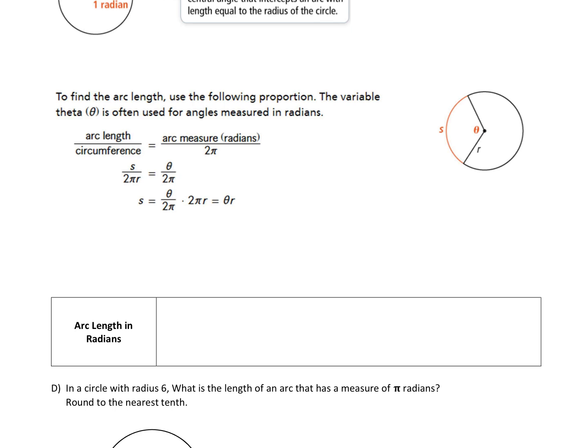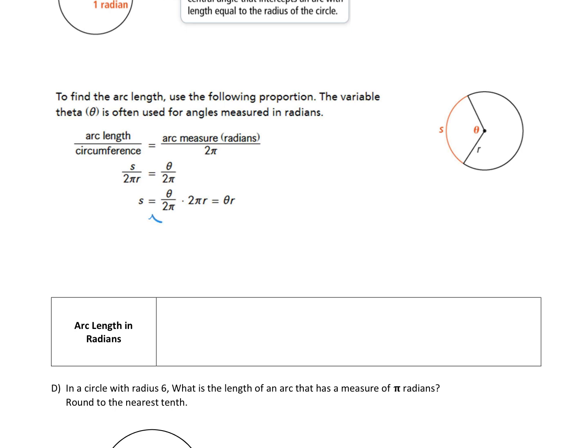Now remember, the arc measure is equal in measure to your central angle. So here, the central angle is theta, which means the arc measure will be theta. We're going to divide that by 2 pi. Now to solve for s, we just multiply both sides by 2 pi r. It will cancel over here. So how does that equal just theta times the radius?